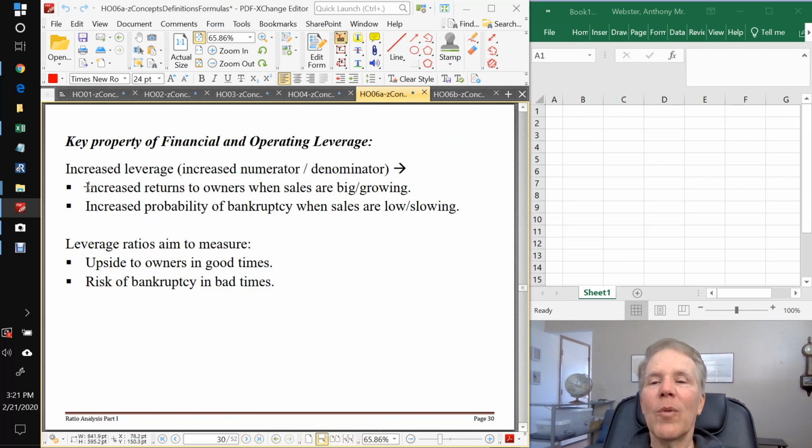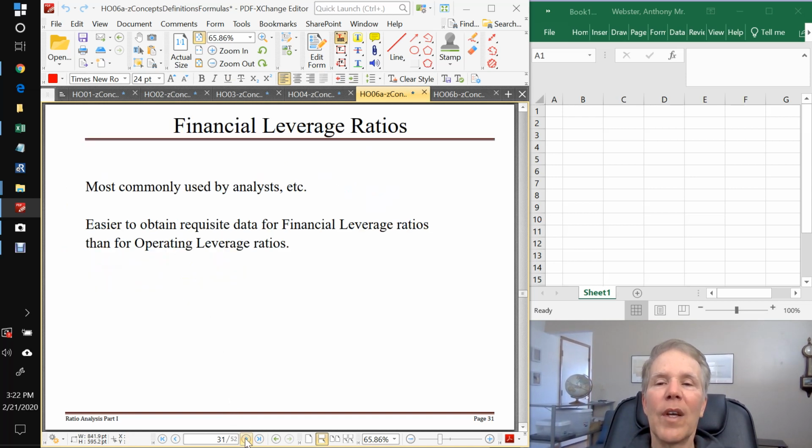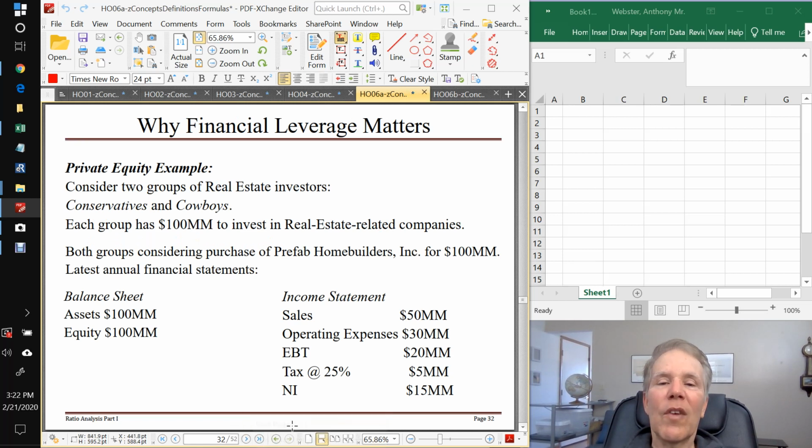And so that's what I've got written down for us here. Now with leverage ratios, we're a little bit too complex for just bigger is better. Our leverage ratios are measuring upside to owners in good times and risk of bankruptcy in bad times. Financial leverage we looked at first. That's the most common because it's easy to get from the GAAP financial statements.